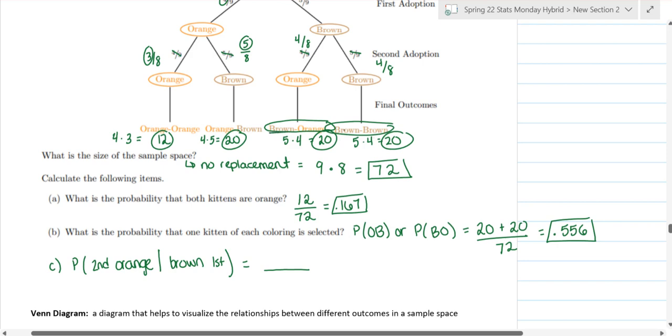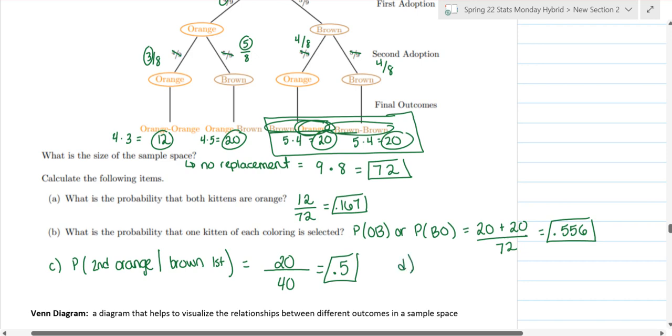So brown first, that would be 40 for that sample space. Now inside that sample space, because now I'm only looking here, the probability that the second one is orange is this one right here, so 20 out of 40. So 1/2, 0.5 there.